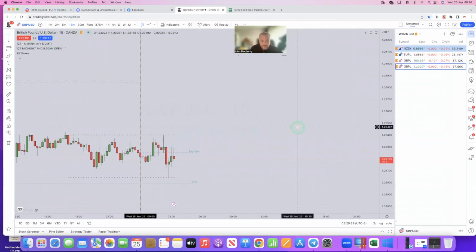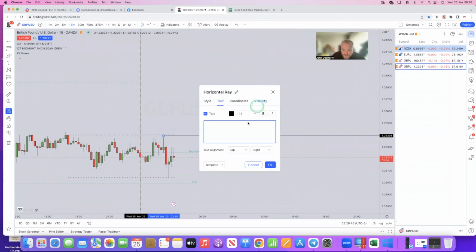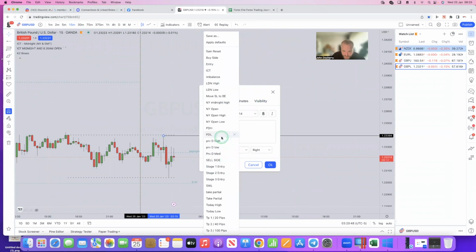What I do on the 15 minutes, I will put a couple of horizontal lines. I go with the magnet, so we're making sure we're getting this on. So let's get my ugly mug out of the way. We've got today's high. Let's just see if I've got that.